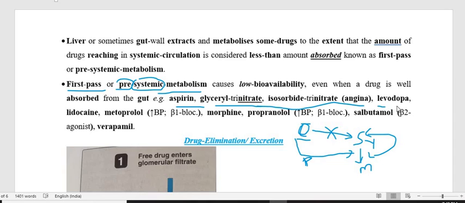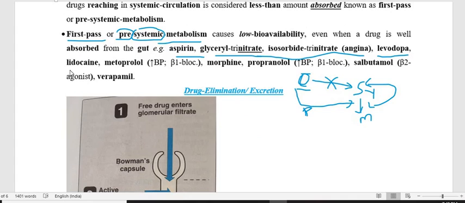Then a drug like levodopa, used in Parkinson disease, a local anesthetic like lidocaine, and beta adrenergic blockers, metoprolol or propranolol, both used for the therapy of hypertension. And the bronchodilator salbutamol and the calcium channel blocker verapamil, used for the therapy of blood pressure.